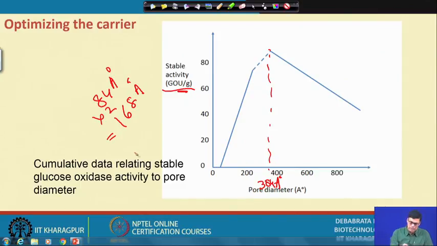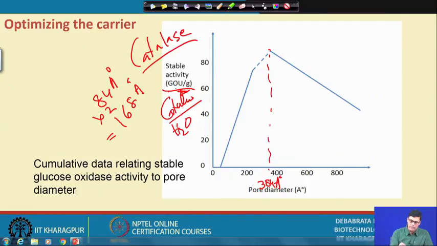This is due to the reason that glucose oxidase cannot work without the presence of catalase enzyme. Why can it not work without catalase? Because one of the products of glucose oxidase is hydrogen peroxide, and catalase enzyme degrades the hydrogen peroxide to water and oxygen.